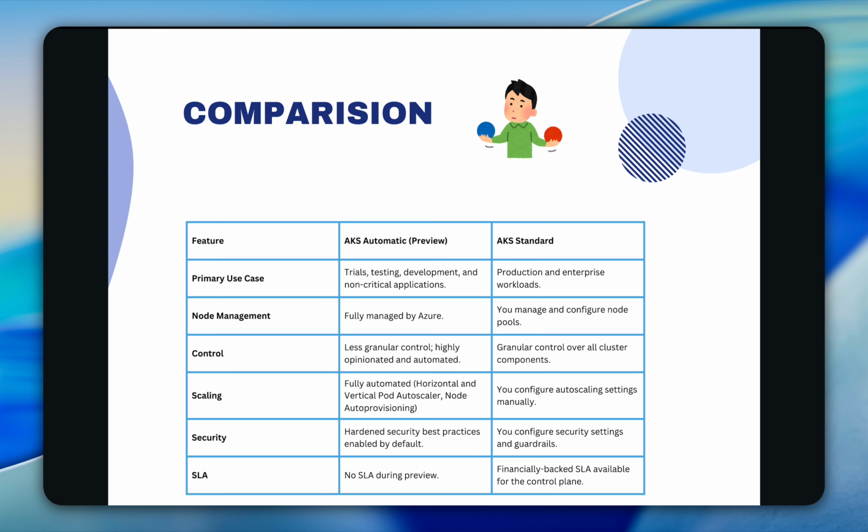But when this becomes GA, you can host your production workloads as well. At the moment AKS Automatic is used for trial, testing, development and non-critical applications, because it's still in preview. But when it becomes GA, you can use it for your production workload.